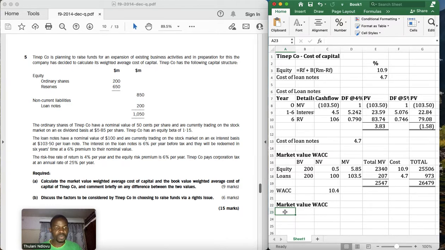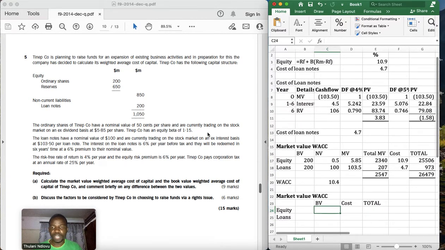The book value WACC will be equity and loans. Here we'll be taking the book values from the balance sheet or the statement of financial position, and we'll have the cost, and we'll also have our total there.